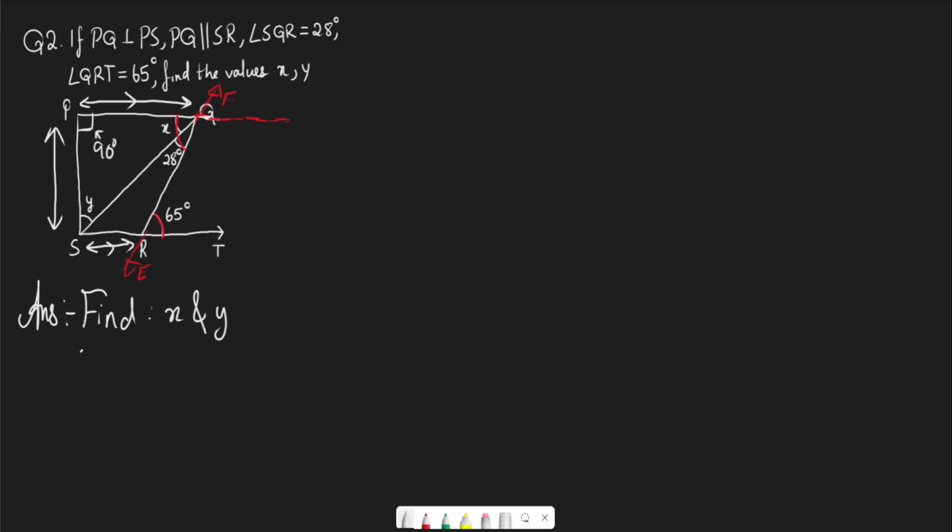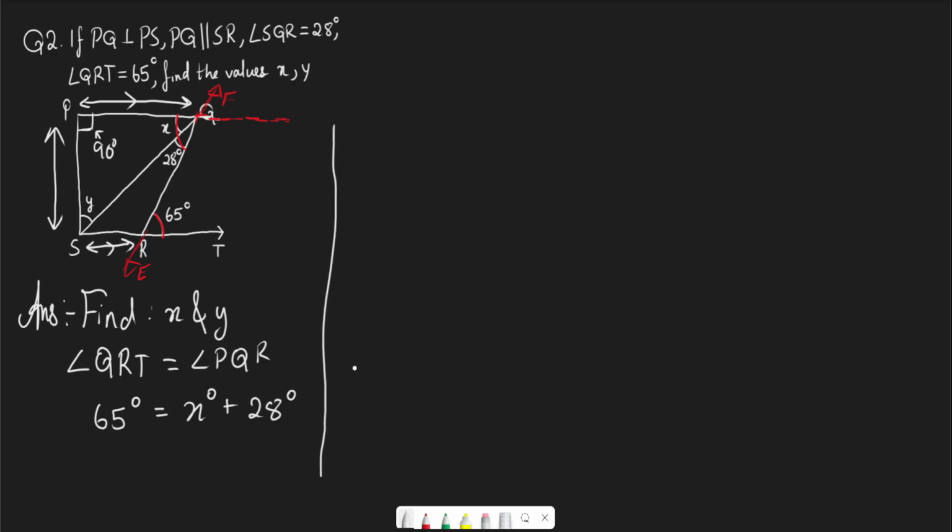Let's write that down. Angle QRT is equal to angle PQR, and let's substitute the values. That's 65 degrees is equal to angle PQR. Let's write what we know about angle PQR, that is x degrees plus 28 degrees. Alright, now we have to solve for x. Okay, so let's put a big line here for more clarity.